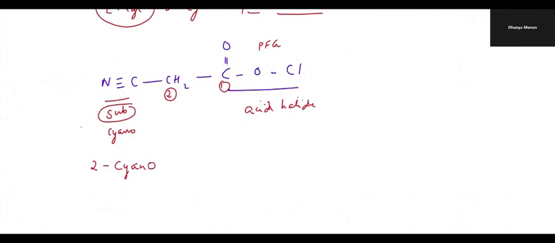There are 2 carbon atoms, so eth, all single bond, ethane. And for acid halide, the suffix that we use is oyl halide.